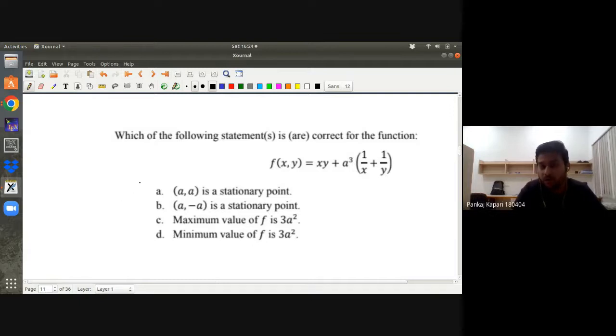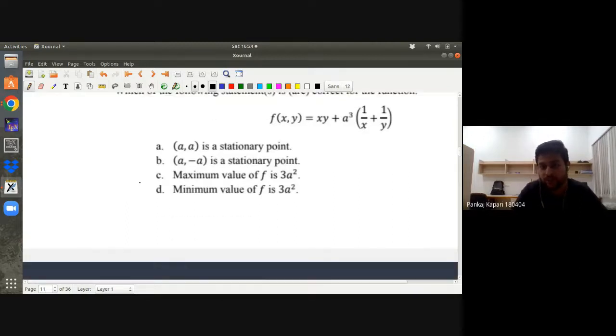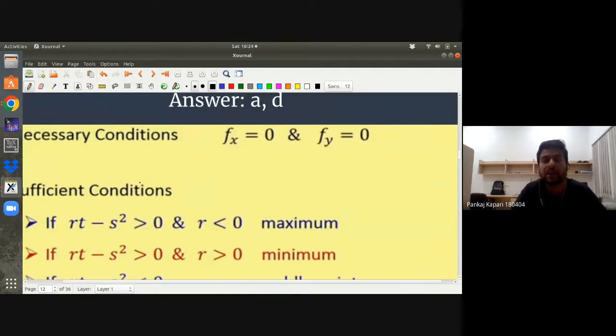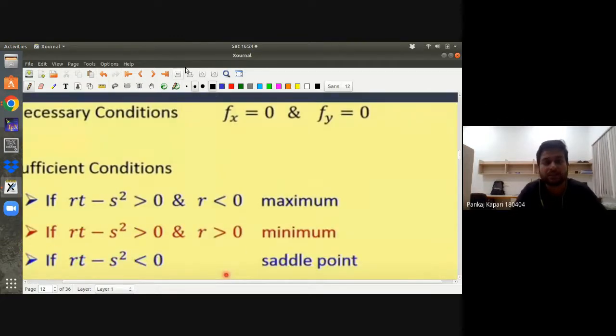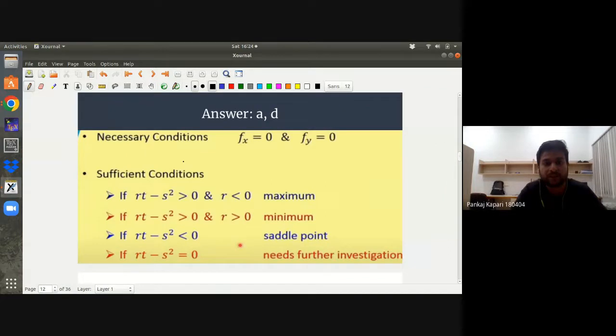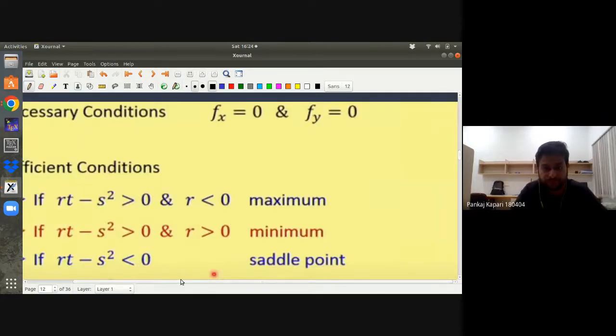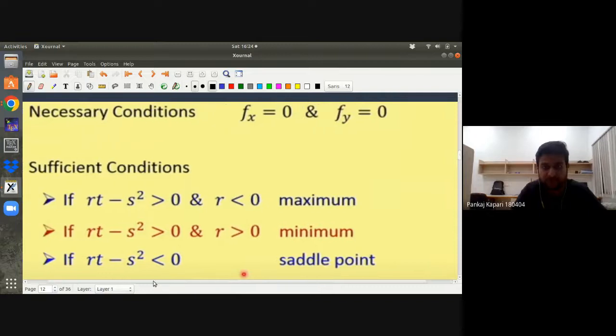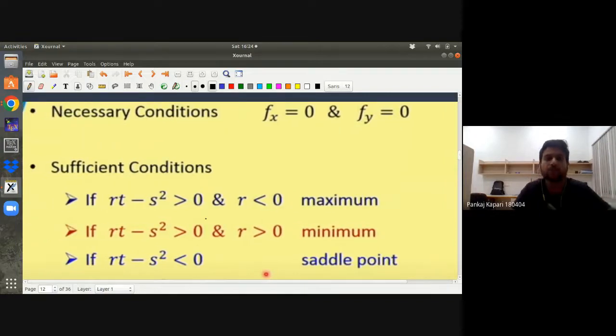So how do we investigate these critical values? There is something called the second derivative test, which we can apply to find maximum and minimum, and it is here in the next slide. The first step, which I have already told you, is to find critical values.